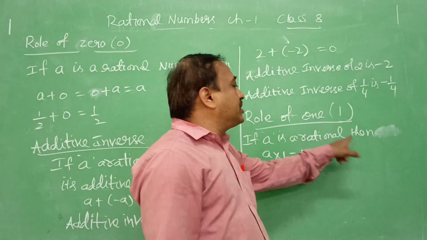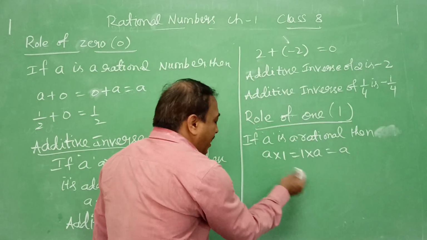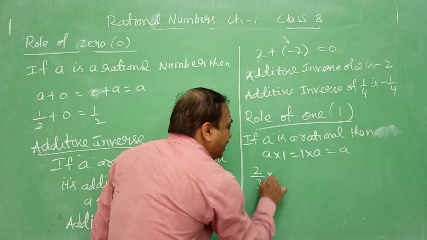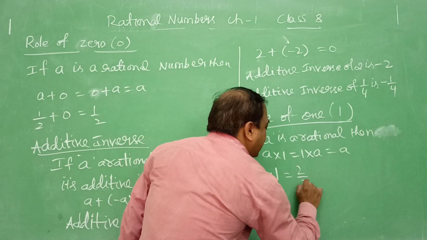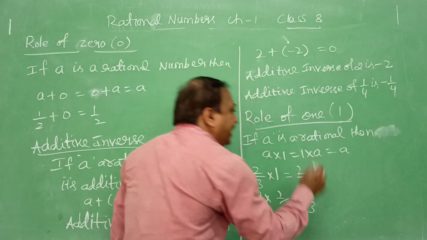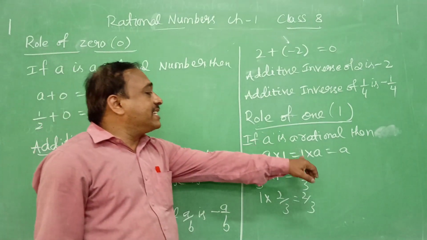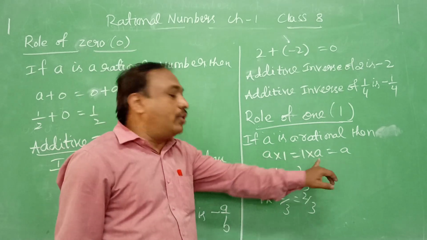If A is a rational number, like suppose 2 by 3 into 1 is equal to 2 by 3, or 1 into 2 by 3 is equal to 2 by 3. This is about 1. What do you call this? This is called multiplicative identity.